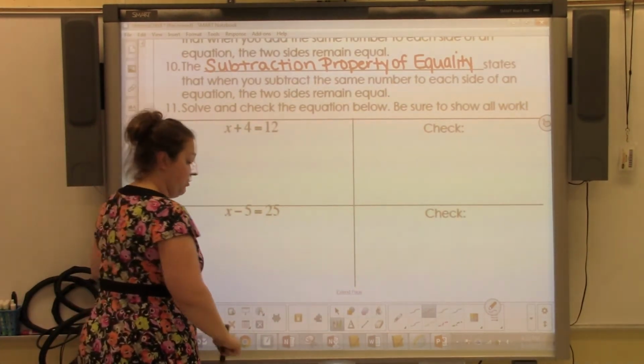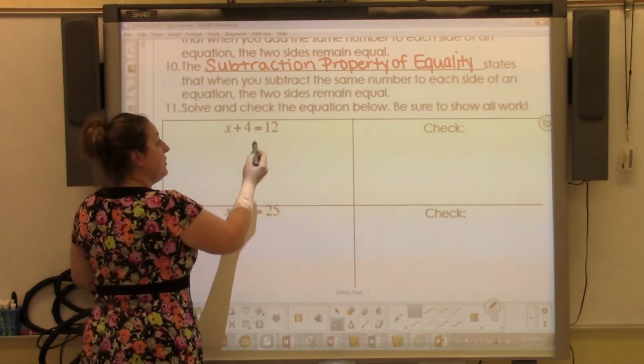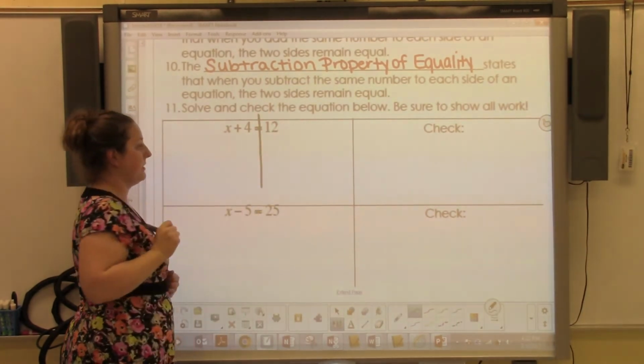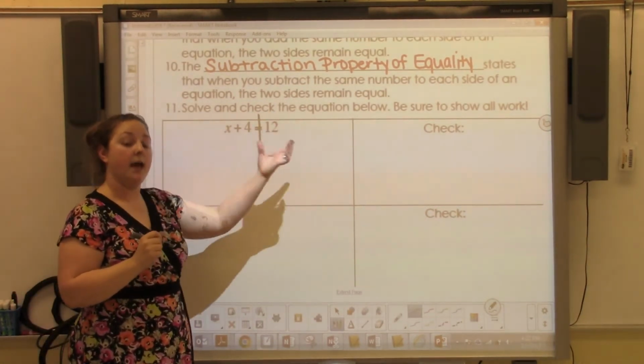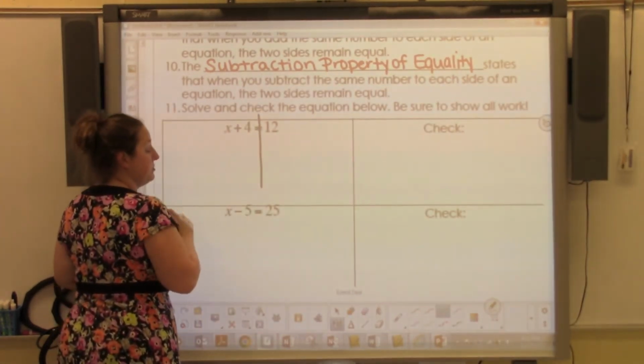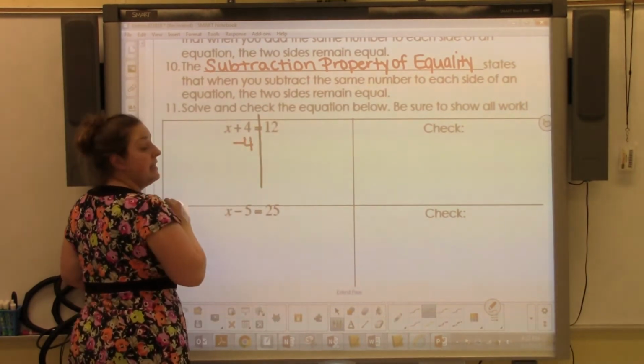Before I do that, though, I should really split my equation into two parts. So I find the equal sign, and I'm going to draw a line straight down the middle. That's separating the left and the right of my equation. So now I am going to subtract 4 from both sides, the left and the right.